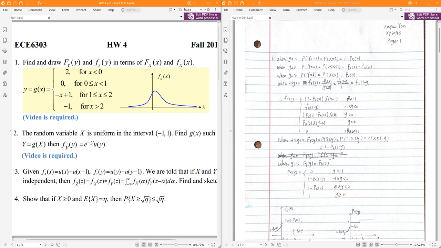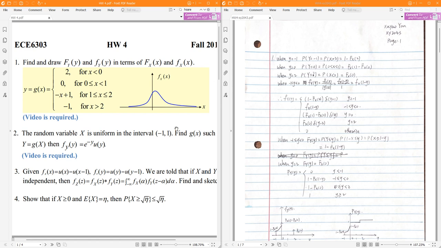For y is -1, y is 0 and y is 2, we can take the calculation above into here, and we also need to remember to take this impulse function. And for y from -1 to 0, we can take this fx of 1 minus y here. And for other cases, the probability is 0.